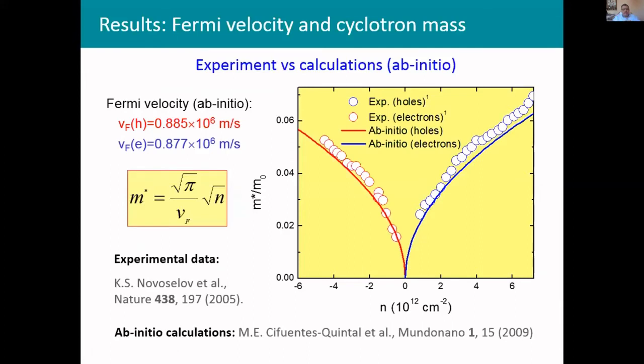One interesting point about this Fermi velocity is that this value is not exactly symmetric with respect to the holes and electrons. We can see the experimental values of the effective mass, determined by the Novoselov group, and in solid line are our calculation at the beginning of this edge, graphene edge.